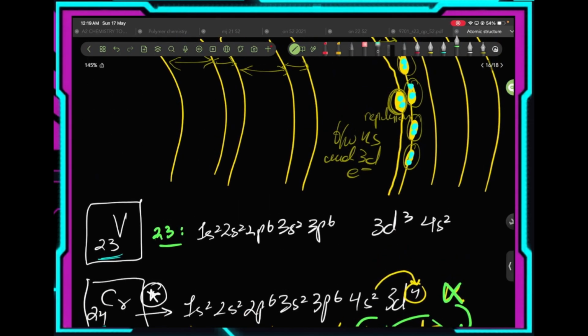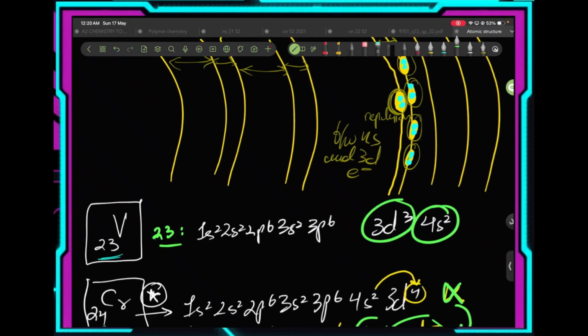And remember, why didn't we excite electrons in the previous case? Why didn't we excite any electrons from the 4s and make the 3d orbital more stable? Because only 4s would be half filled, and 3d would still remain partially filled. So it would not be a more stable electronic configuration.